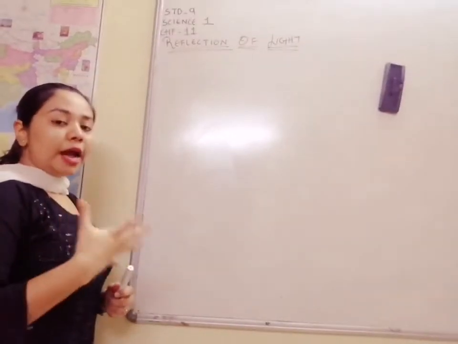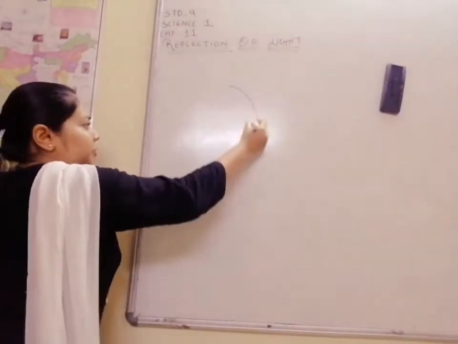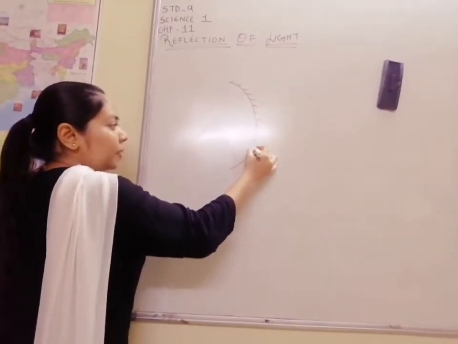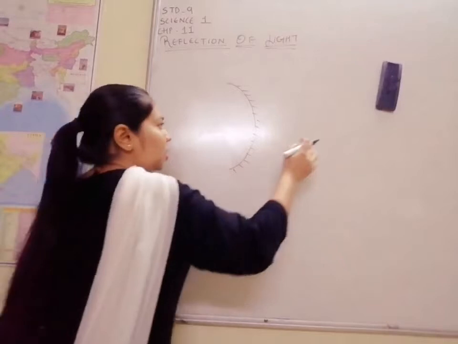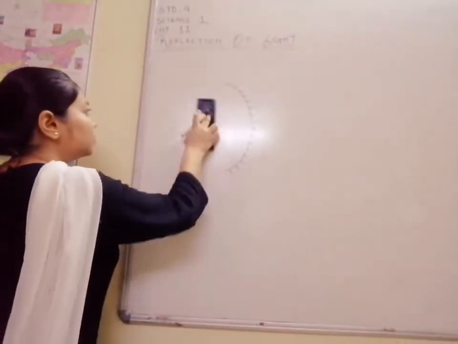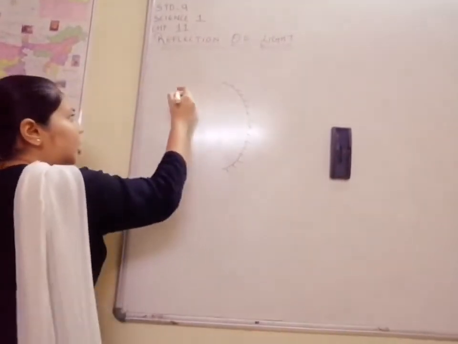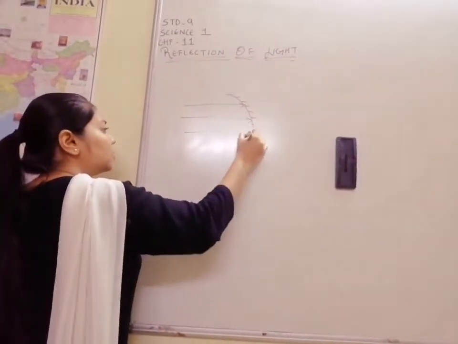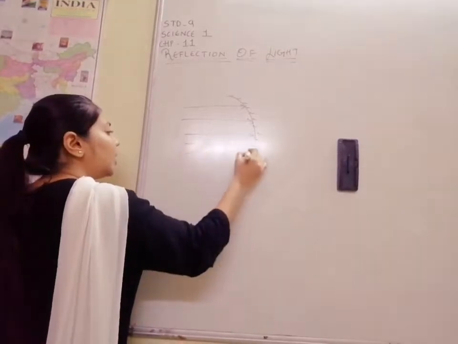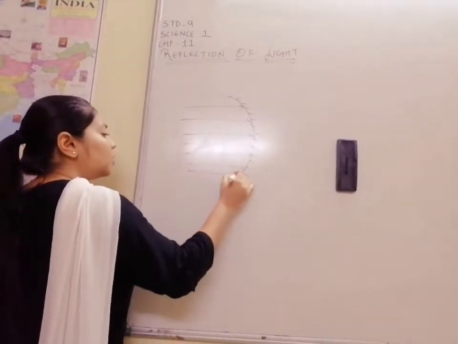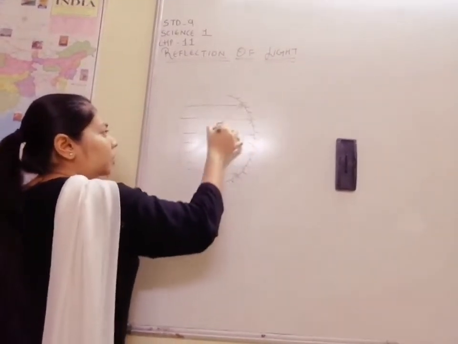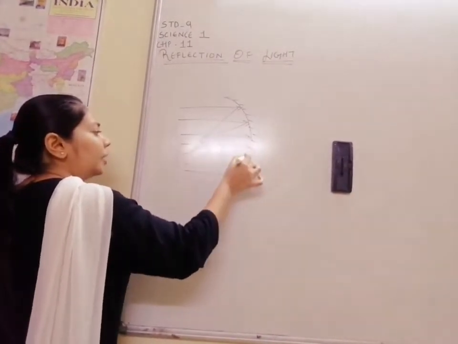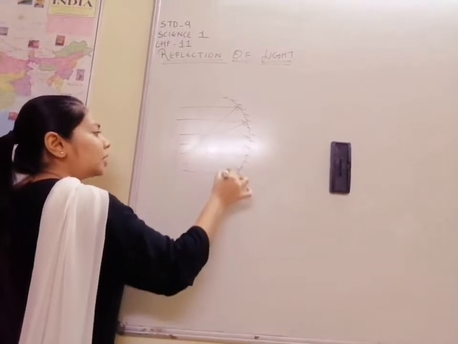What is the use and how the concave mirror helps? Now see, this is a concave mirror. The inner portion will be the reflecting surface. Now if I draw the innumerable incident rays like this, all of them will reflect back and will come to one single point.